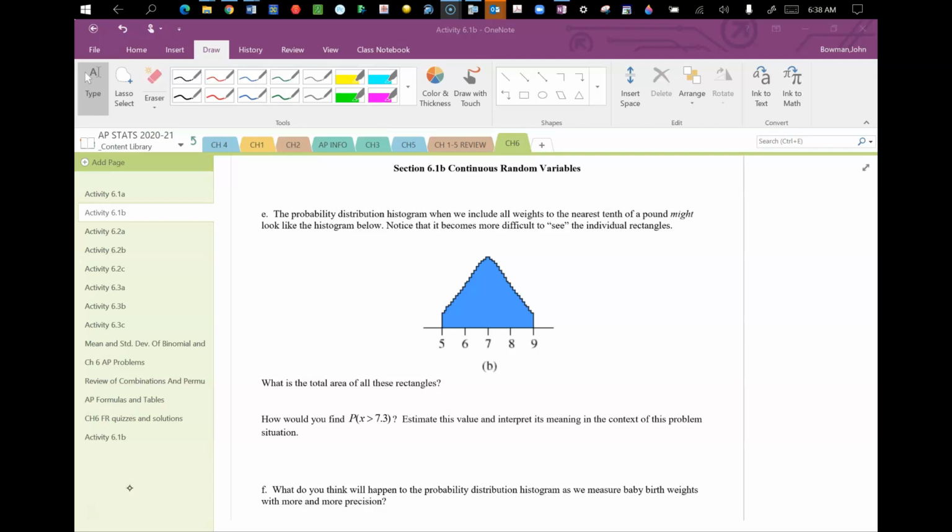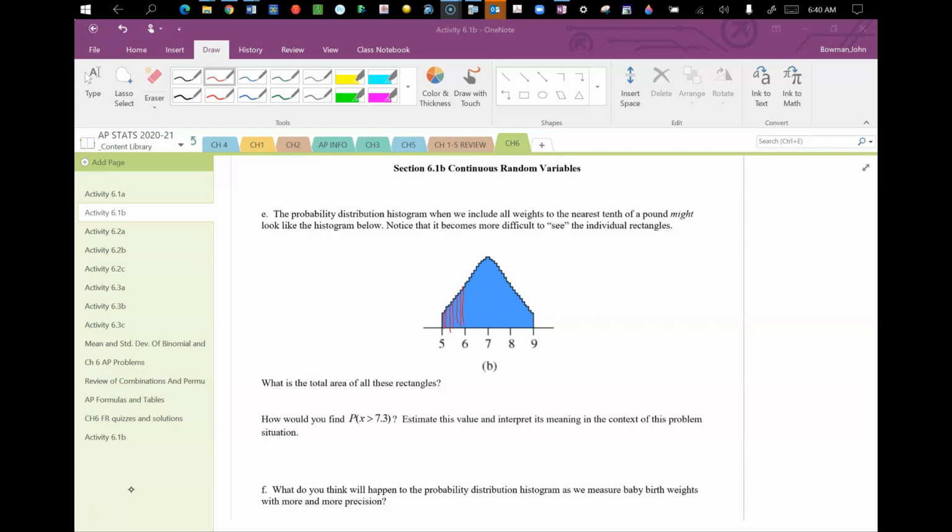And the probability histogram might look something like this, with a whole bunch of very narrow rectangles representing the various possible weights. As with any other probability distribution, the sum of the probabilities would be equal to 1, and that means that the total area of the bars that make up this histogram is also equal to 1.